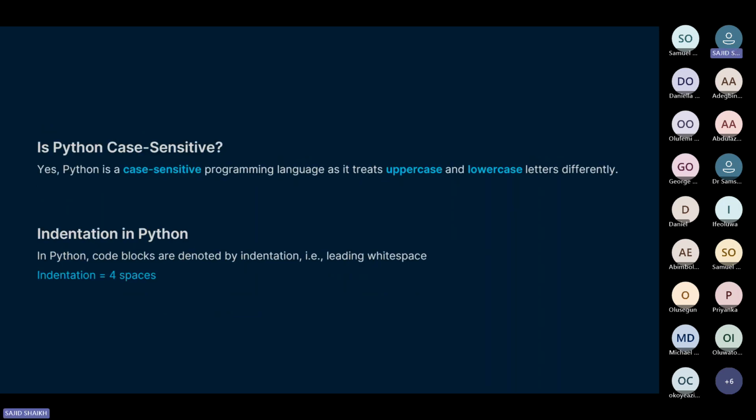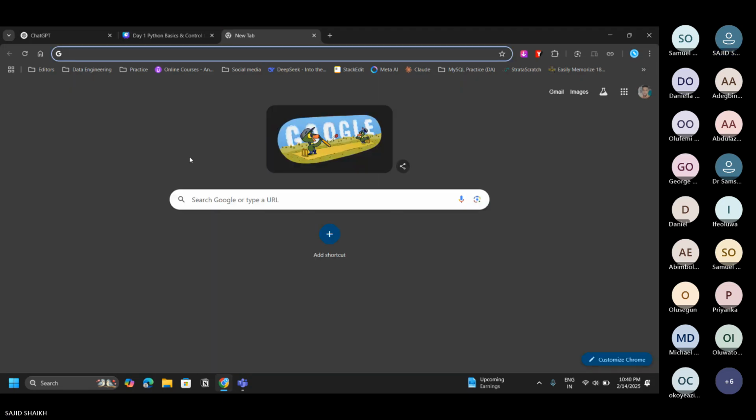What is case sensitive? Case sensitive means, as you can see, uppercase and lowercase letters are treated differently. That's why it is case sensitive. For example, I'll show you one thing here.